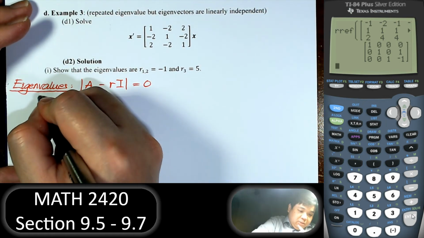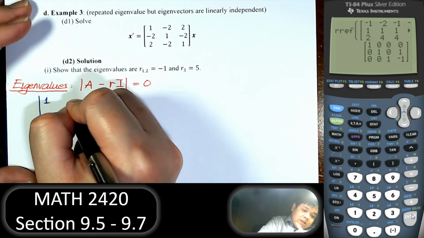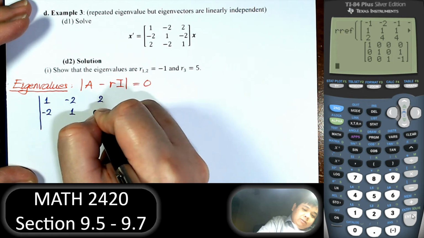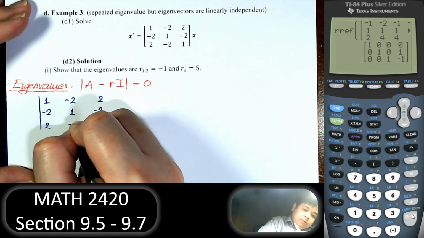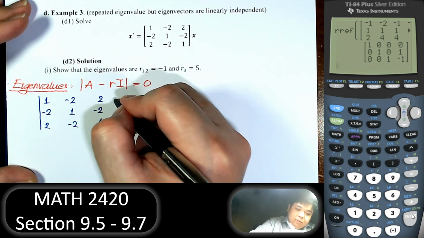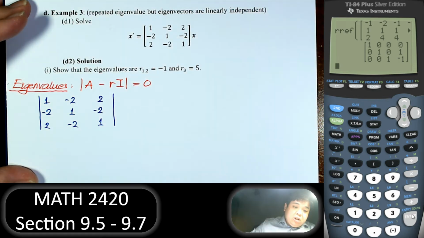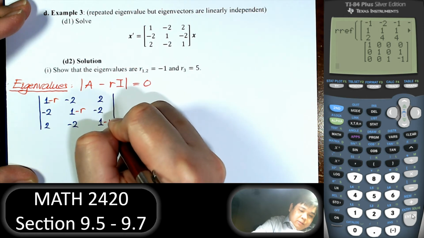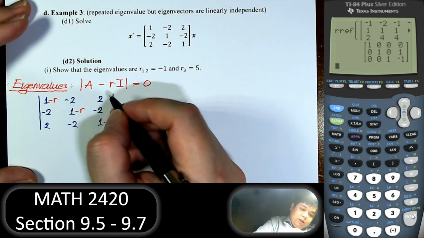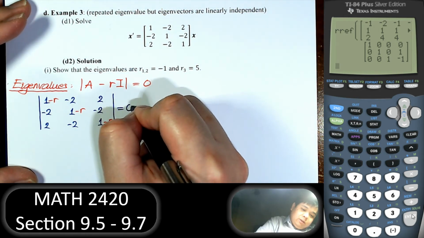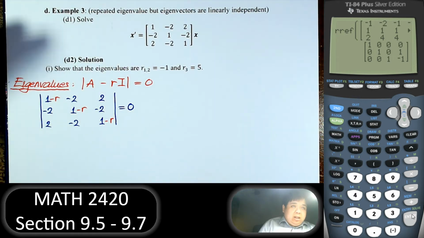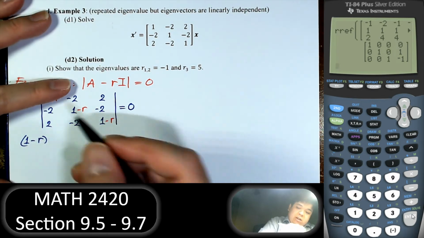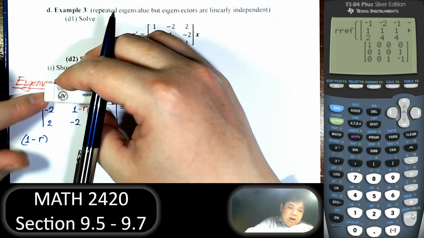So we have the determinant of the original matrix but subtract r at the diagonal equal to 0. Right, determinant 1 minus r, cover the row and the column.